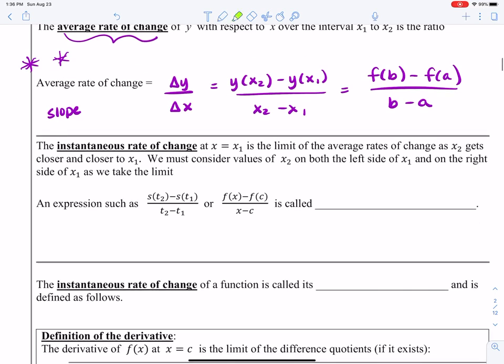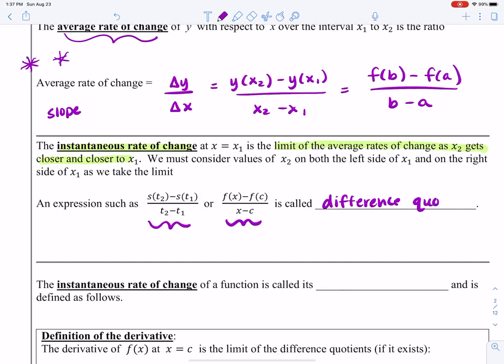For the instantaneous rate of change, I need to find the limit of the average rate of change as x2 gets closer and closer to x1. And so we must consider values of x2 on both the left and the right as we take this limit. You'll hear me refer to this expression right here as a difference quotient.